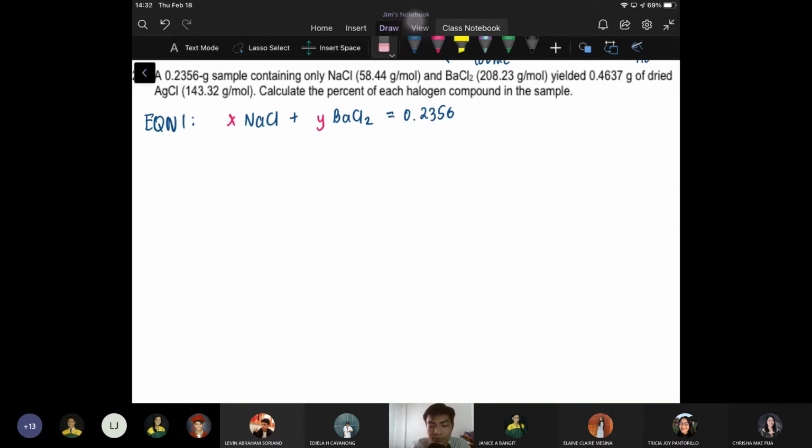Okay. So, yun yung equation 1 natin. Yung about sa sample lang. Equation 2. What happened to the solution? What happened is that yung NaCl, na-convert yan into AgCl, di ba? So, this has been converted now to AgCl, no? Then, yung barium chloride, na-convert din siya into AgCl, no?